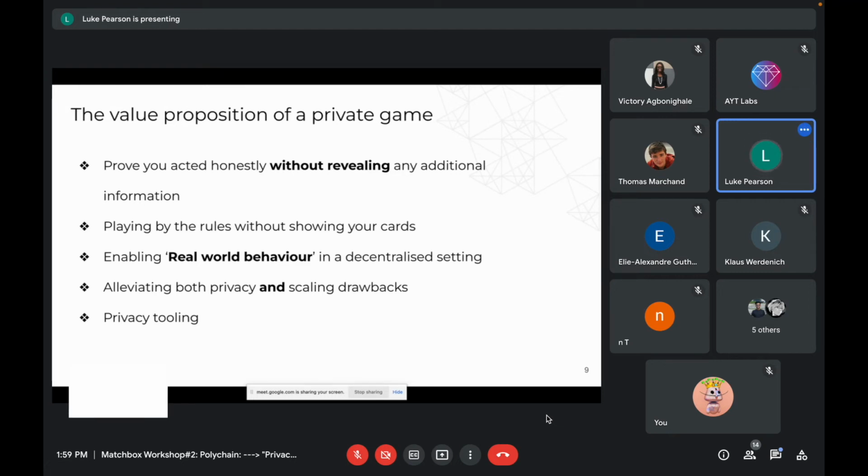And because it's zero knowledge, as I said at the start, it births two ideas: the ability to compress information, or better said, make statements about information, as well as show some information without revealing information. This alleviates both these scaling drawbacks and privacy drawbacks. Then we can create privacy tooling, but I'll go into that in questions because we're running a little bit lower on time.